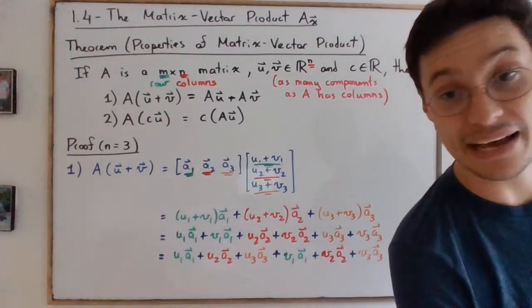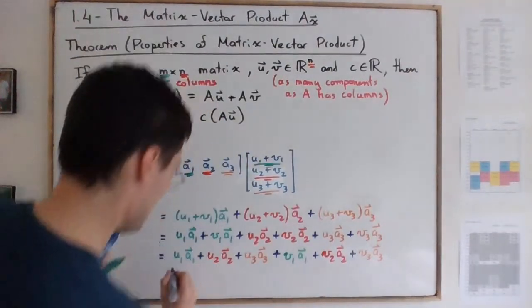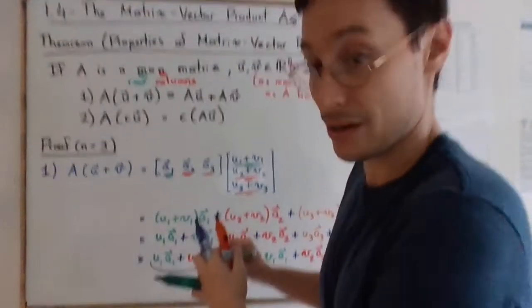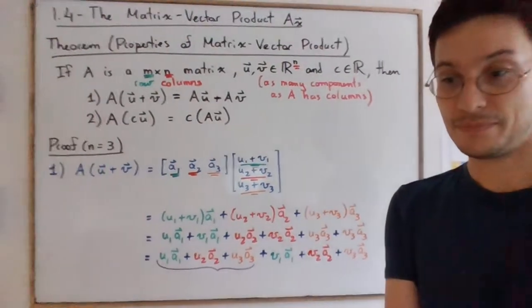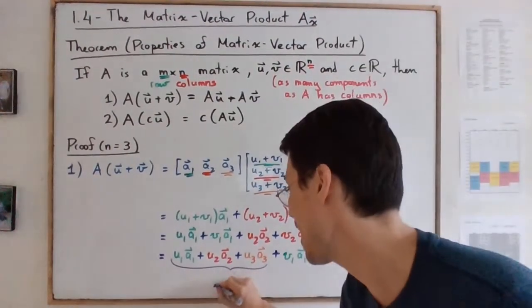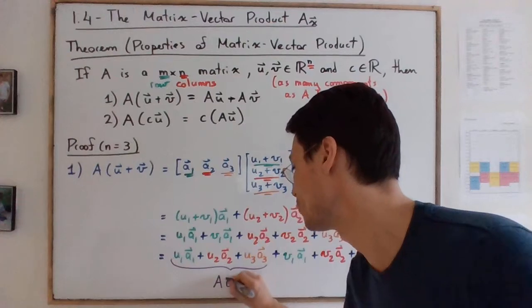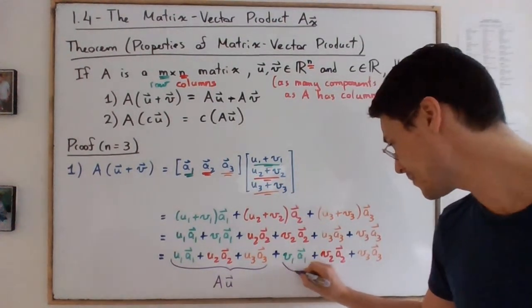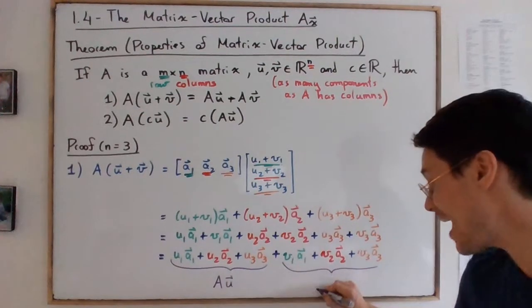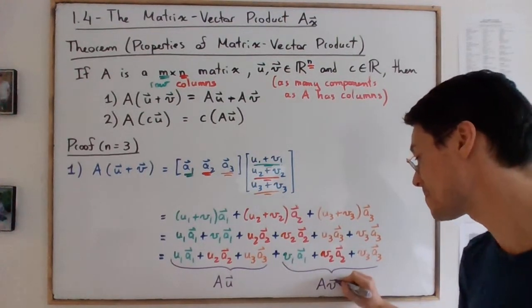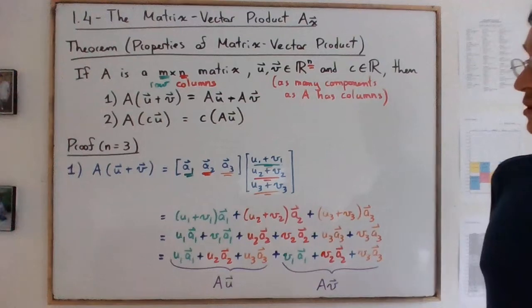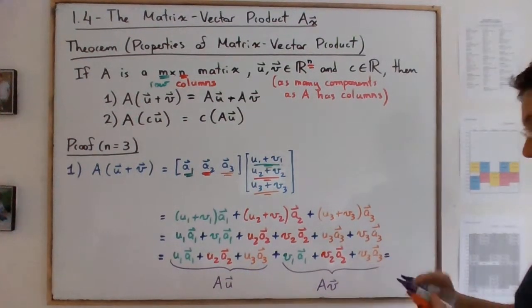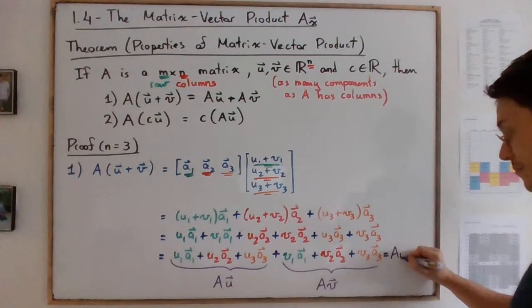Now, here's the big idea. Right here, you end up having, by definition, A times u. And also here, you're having, by definition, A times v. So in other words, you proved that this is Au plus Av.